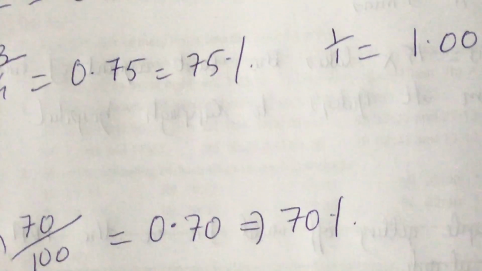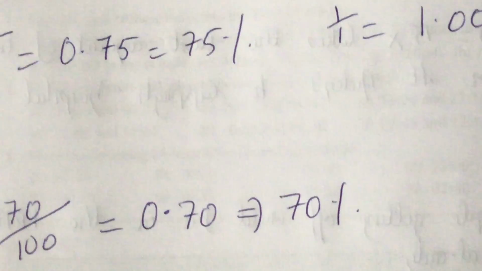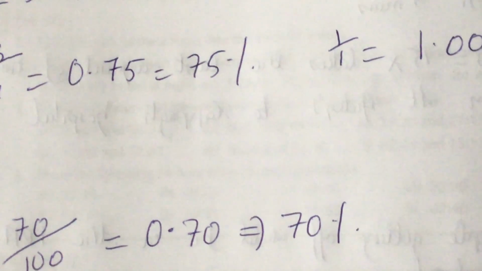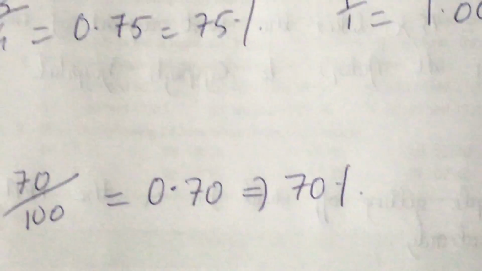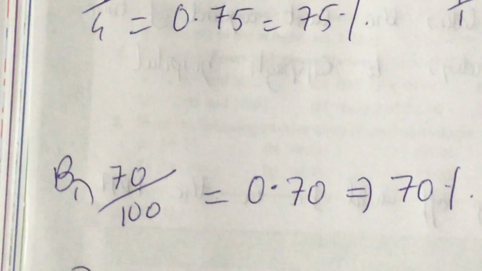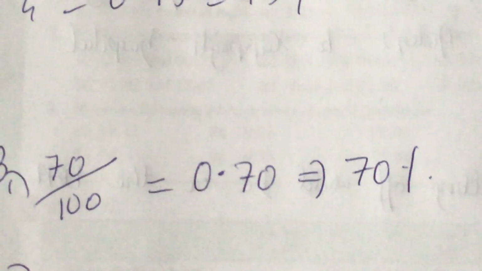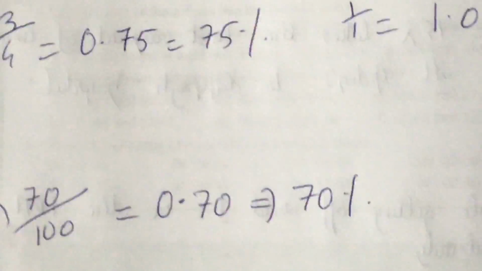The 0 is unnecessary, but you can put it in. You can put in a million zeros after it, and it still would be 0.7. So 70 out of 100 is 0.7 or 0.70, and that is the exact same as 70%.